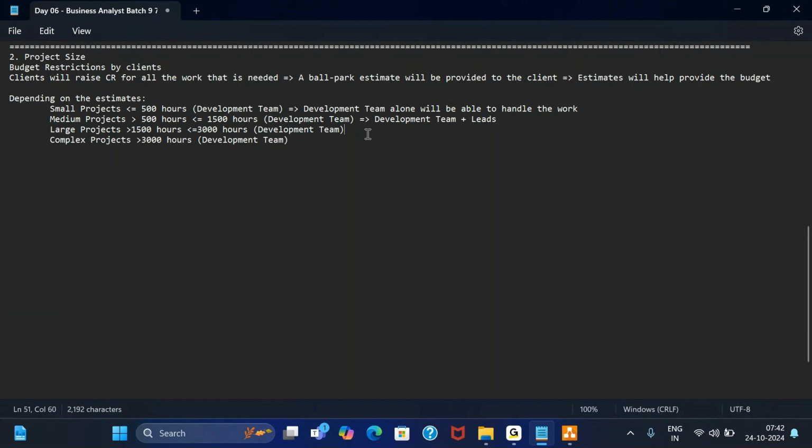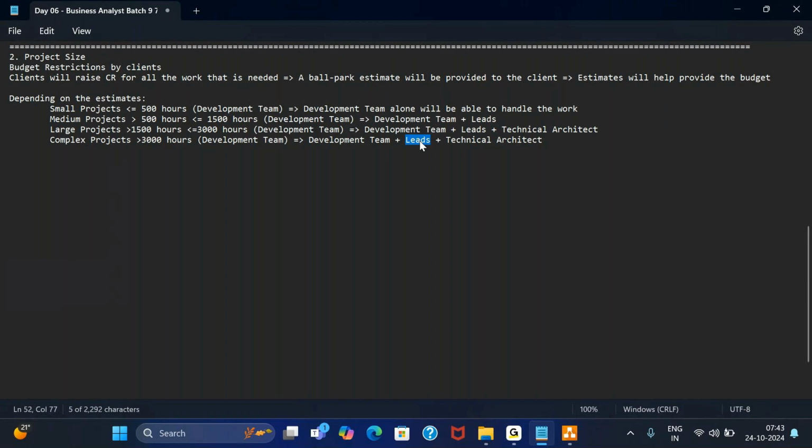Similarly, when it's a large project or a complex project, that means now I know that maybe not just the development team plus their leads, but the technical architect will also be required over here. Okay, so now I know that maybe the project is so complex in size that I will have to initiate discussions with the technical architect first, and then the leads must be present to guide the respective developers at appropriate stages.